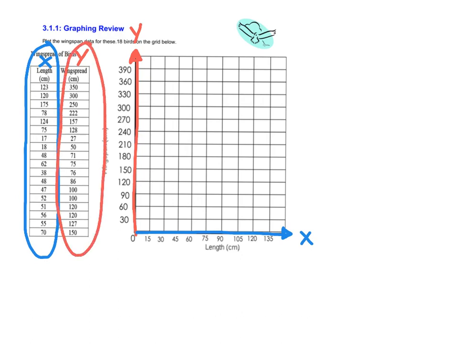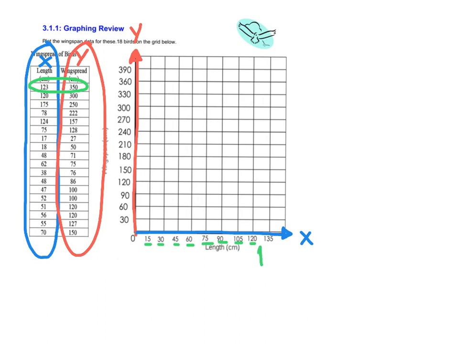And now, remember how you plot every point. I'll plot all these points in green. The first point says 123 for x and 350 for y. Just understand that your x values are going up by increments of 15, so you have to ballpark where 123 is.